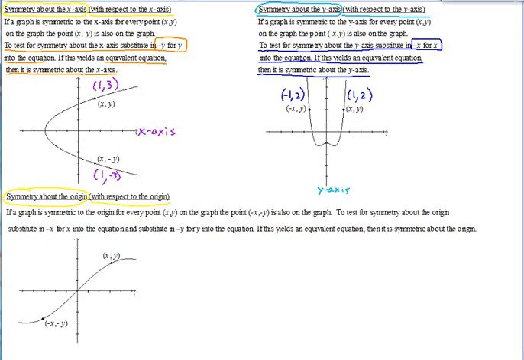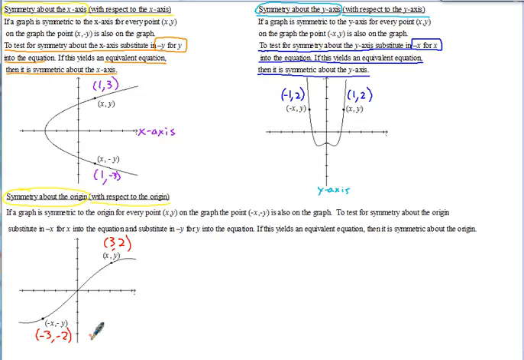Let's say it went through the point (3, 2) here. Then if it's symmetrical about the origin, it would also go through the point (-3, -2), where both the x and y coordinates are opposite. That's what it means to be symmetrical about the origin.